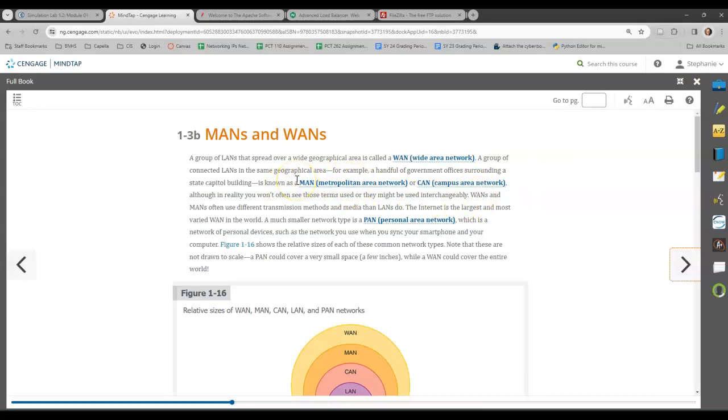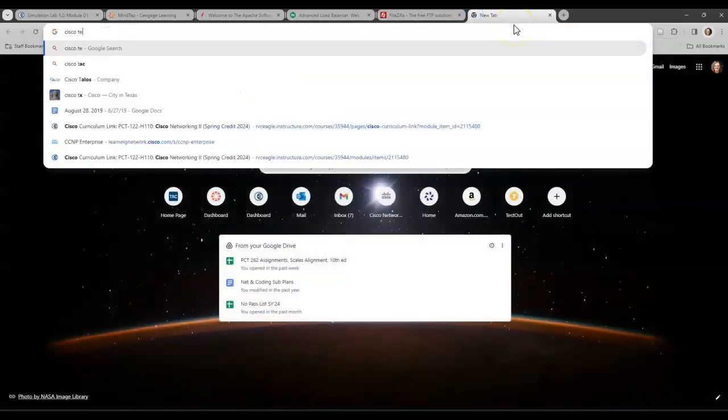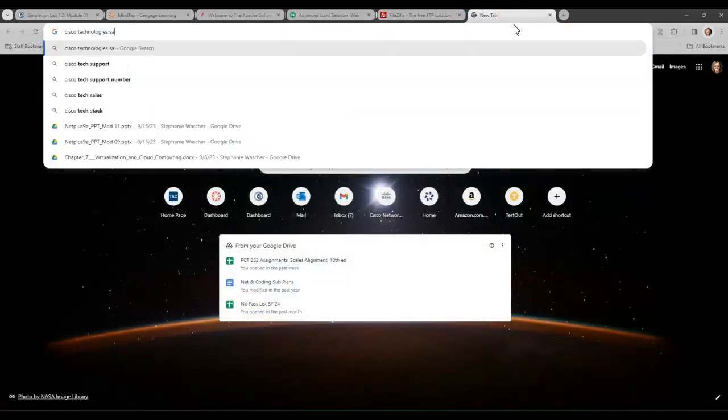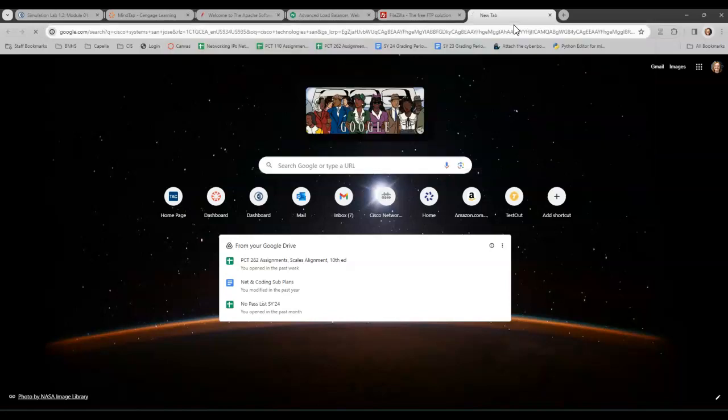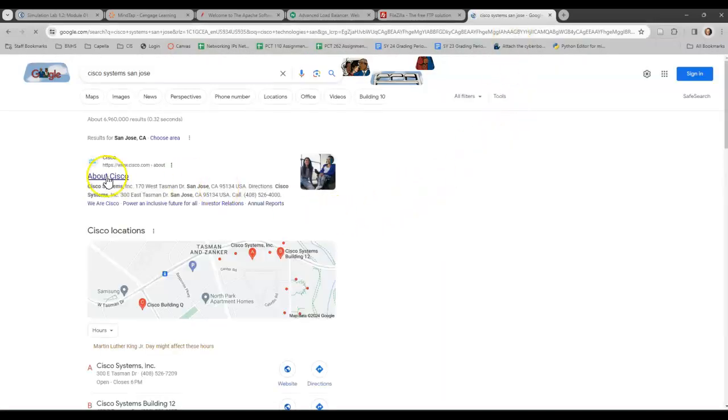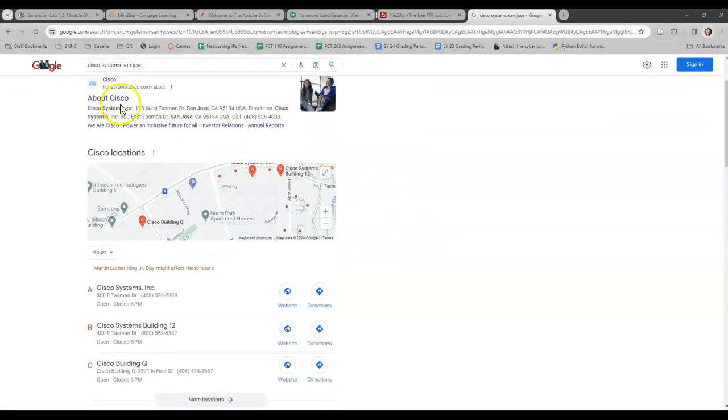A metropolitan area network might be multiple buildings or government offices. The example I have of a metropolitan area network is the Cisco campus. Cisco has their main campus in San Jose, California.